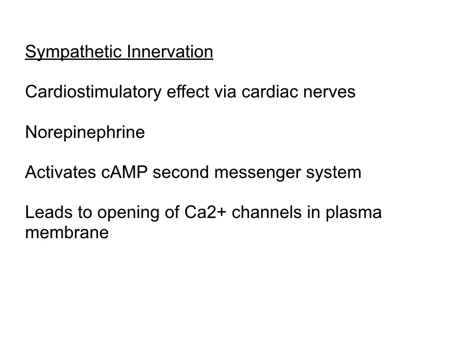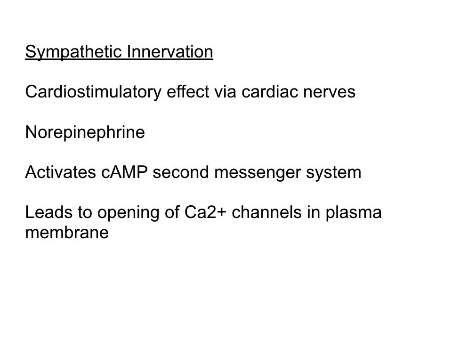The cardiac nerves are going to deliver that norepinephrine to the sinoatrial node. Now, the norepinephrine is going to activate the cyclic AMP second messenger system in the cells of the sinoatrial node.